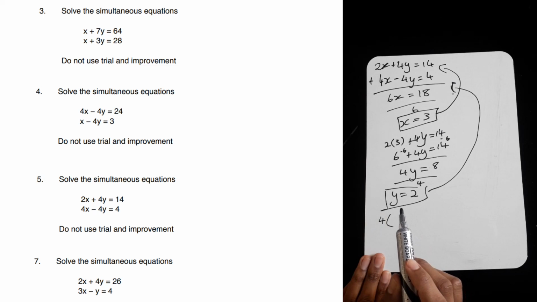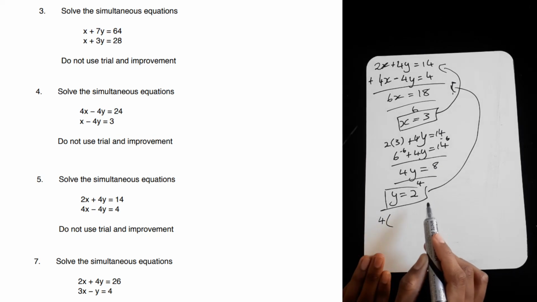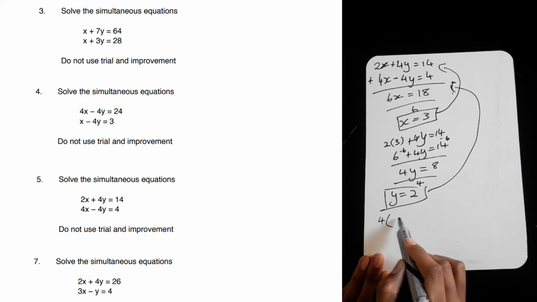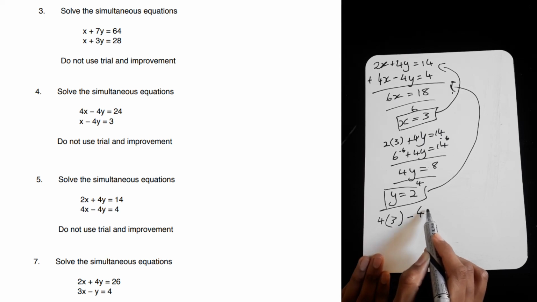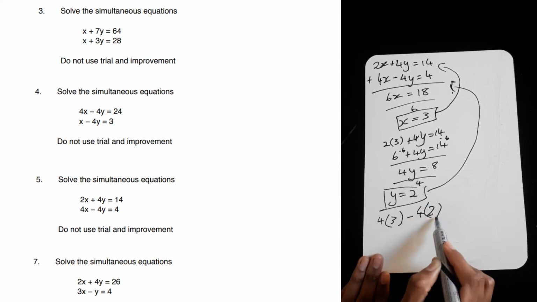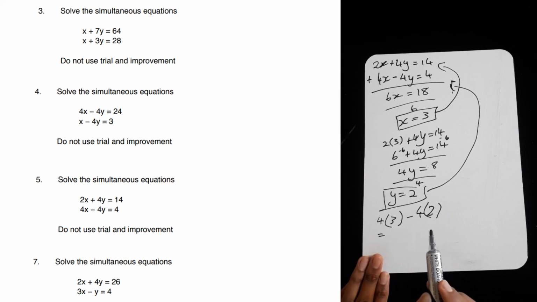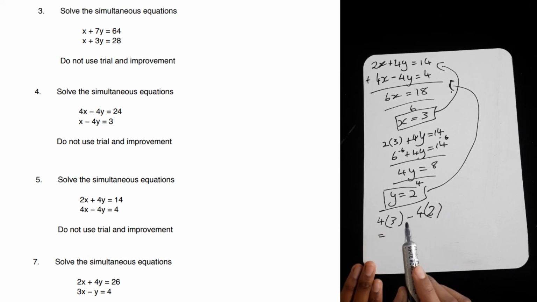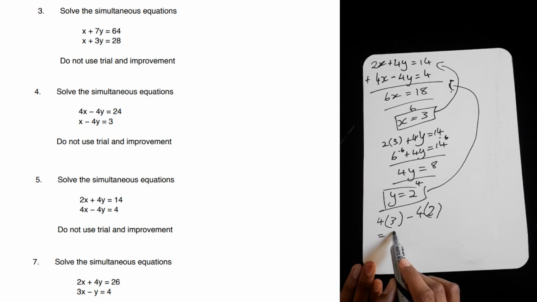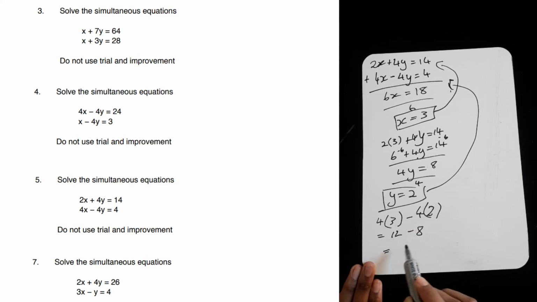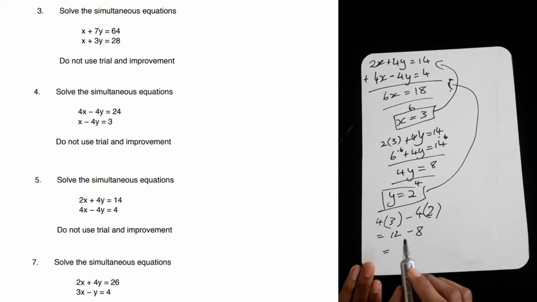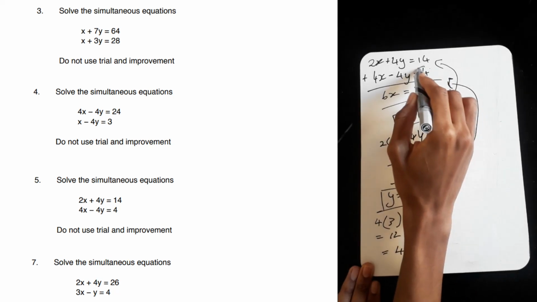So that's going to be 3 minus 4 open brackets 2, which will leave us with 12 minus 8, which equals 4, which is this 4 right here.